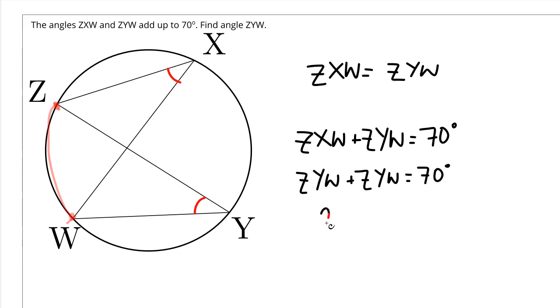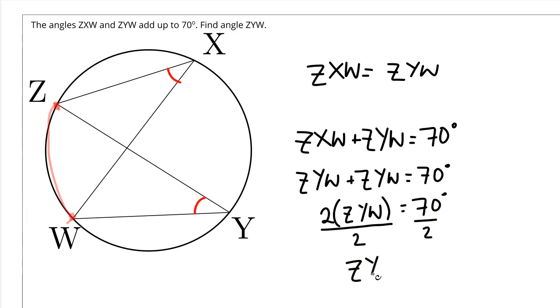Add them together, we get two loads of ZYW equals 70 degrees. Divide both sides of the equation by 2, and we end up with the angle ZYW being equal to 35 degrees. And that's it.